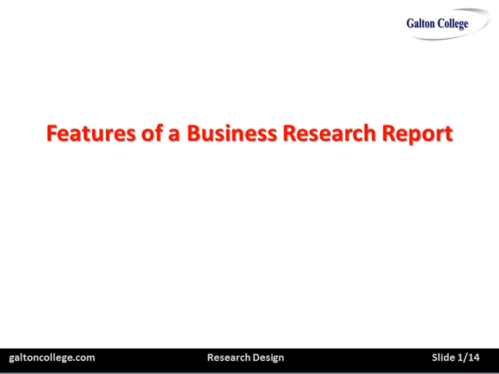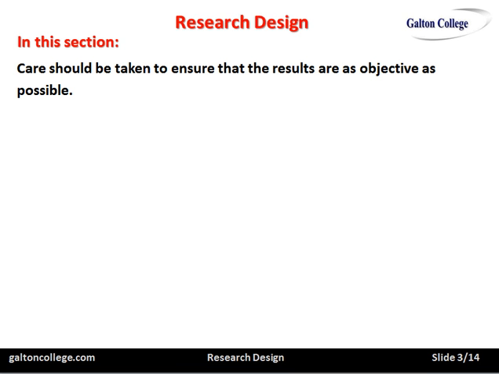Now, as a part of Features of a Business Research Report, we would have the research design. In this section of the report, we will come across various points. To start, we should take care to ensure that the results are as objective as possible.